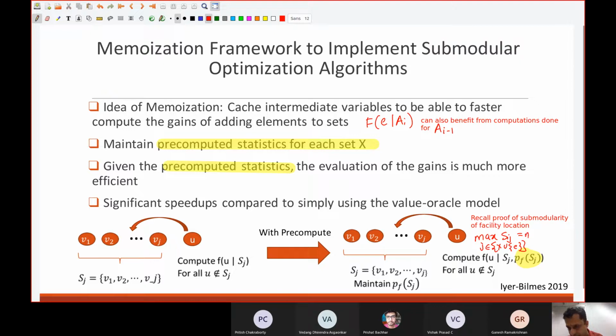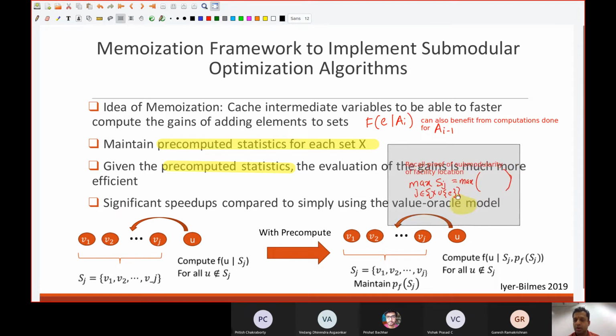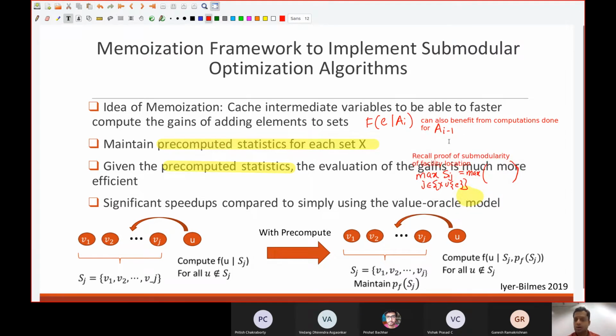Let me write it somewhere else. It was the max of the first term, max over j in X of Sij, comma S_ie, something like this, right?